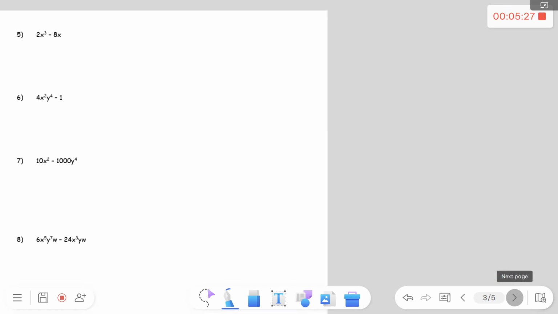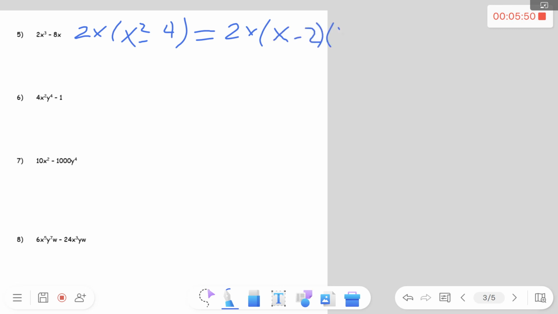Now let's take a look at these. We have some examples right here. If I look, 2 is not a perfect square, x cubed is not a perfect square, but if I factor a 2x out because I have a 2x in common between a 2x cubed and 8x, I'm left with x squared minus 4, which is a perfect square. And I have 2x here, x minus 2, x plus 2, because that's how that x squared minus 4 breaks down.